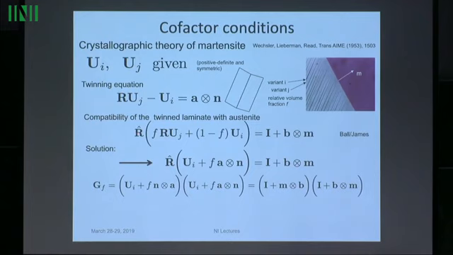Anyway, those are different notations. Okay, so if you want to solve this, the first thing you do is substitute for RUJ. That's UI plus A tensor N. Then you get FUI plus (1 minus F) times UI plus A tensor N, so you get UI plus (1 minus F) A tensor N in there. So it's a little bit simpler.